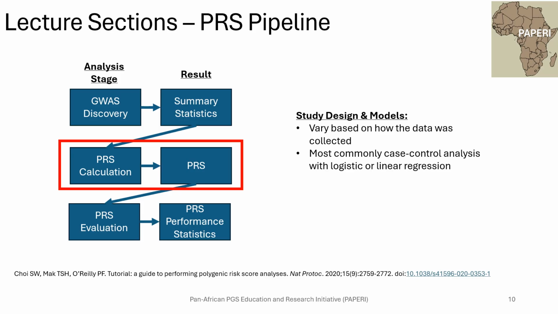And so here we're getting the summary stats, and then we're using that in the polygenic risk score calculation. And once we go through that procedure in our sample, we will get a new variable for everybody in our data set, which will be their polygenic risk score.